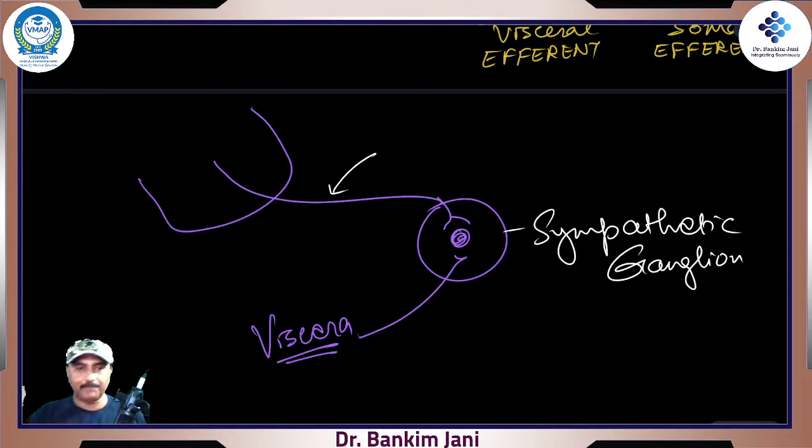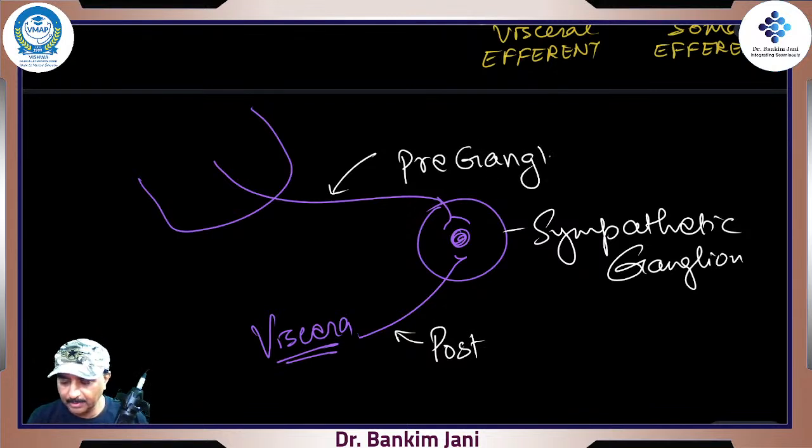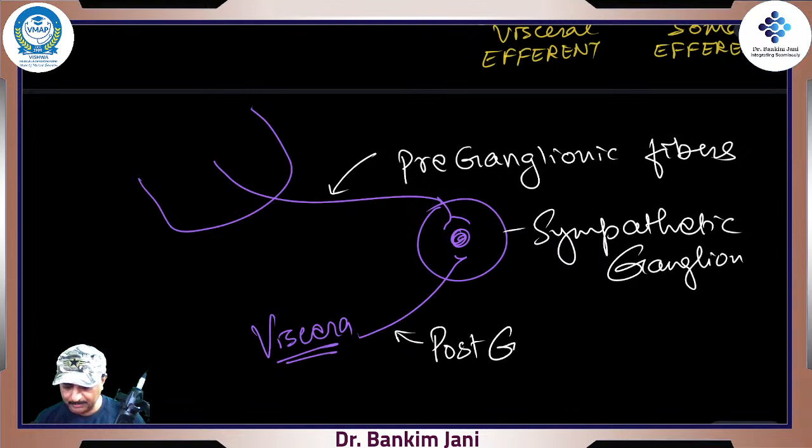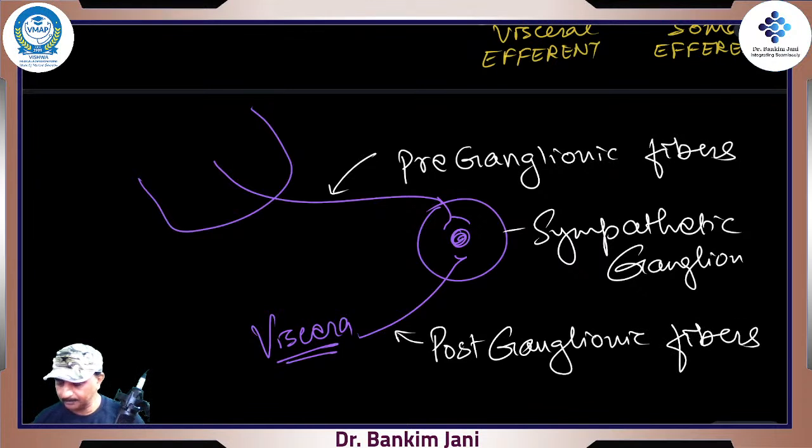Fibers which are before the ganglion, we'll call them pre, and fibers which are after, we'll call them post. Pre and post what? Pre-ganglionic fibers. And obviously, these we'll call post-ganglionic fibers. These are sympathetic, that means they will be going to viscera, and it is from the exit point.